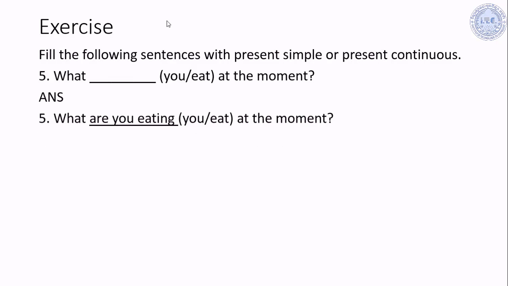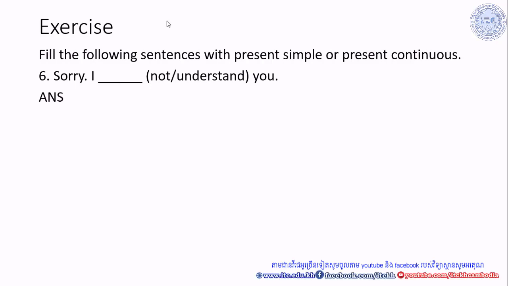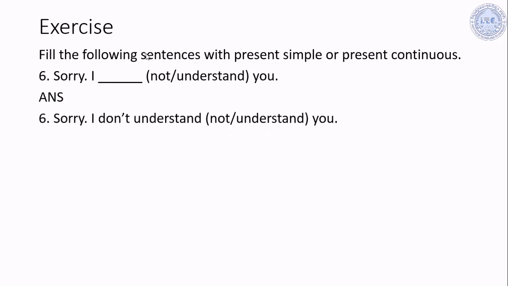So what are you eating at the moment? Number 6, sorry, not understand you. Understand is a non-action verb, right? With non-action verb you use present simple. So you say negative: sorry, I do not understand you.